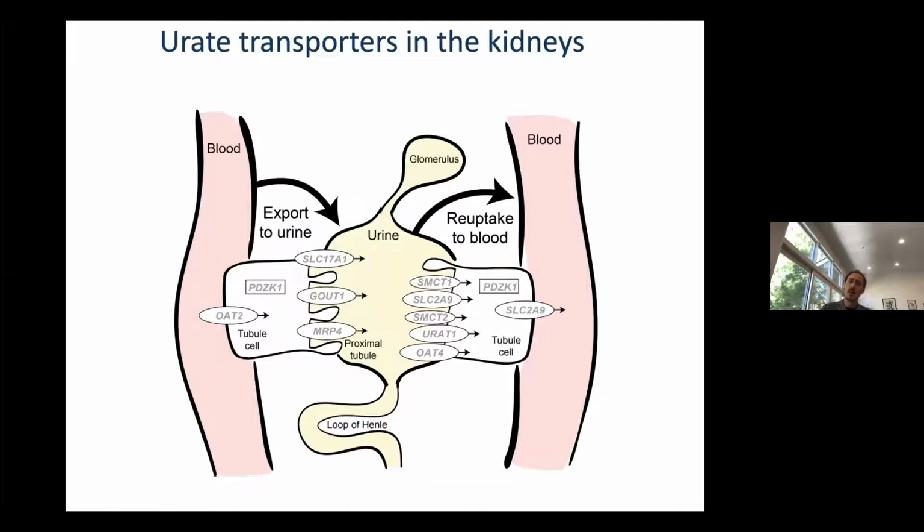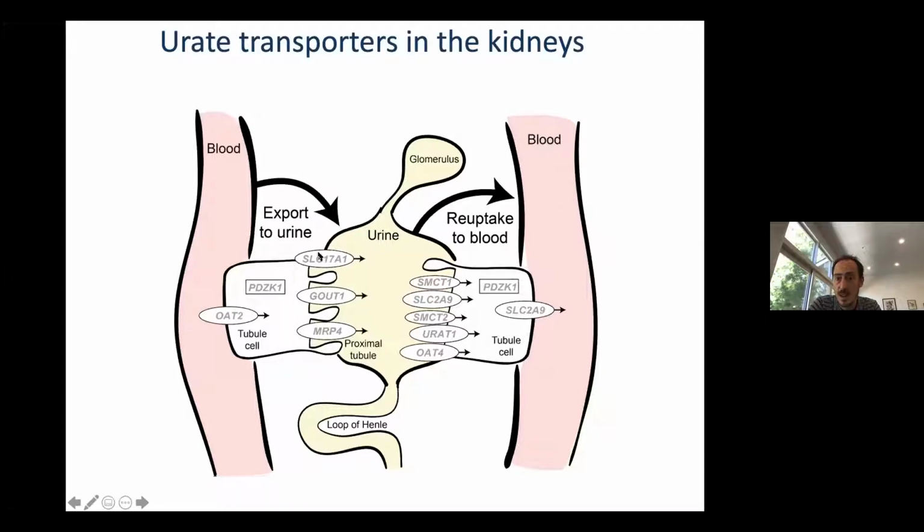Secondly, a lot of the control of urate comes from kidney function. The kidneys are involved in exporting urate out of the bloodstream into the urine, as well as reuptaking urate from the urine back into the blood to maintain appropriate urate levels in the bloodstream.